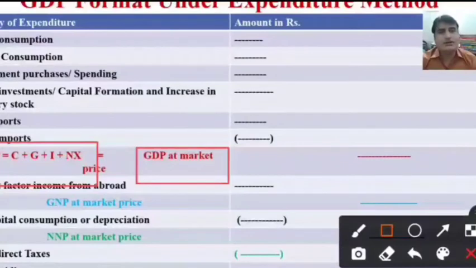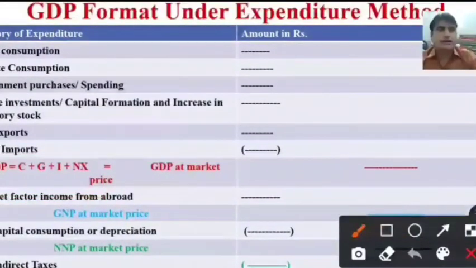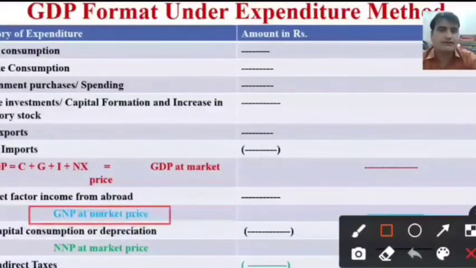Now, how to calculate the GNP, gross national product, at market price? In order to calculate the GNP at market price, we have to add the net factor income from abroad to GDP. So this is the GNP at market price.